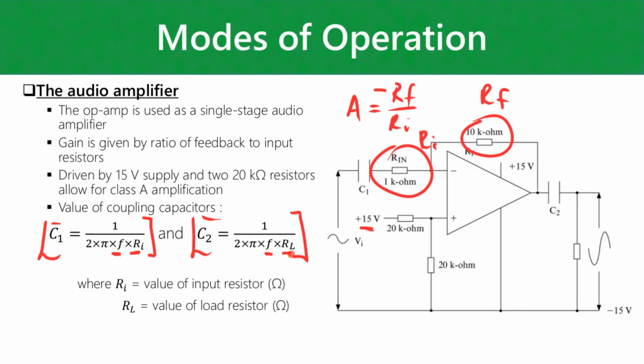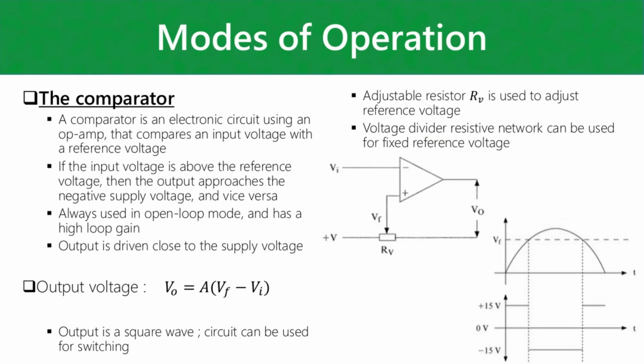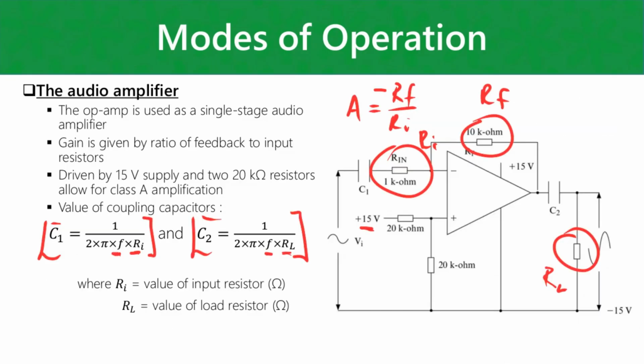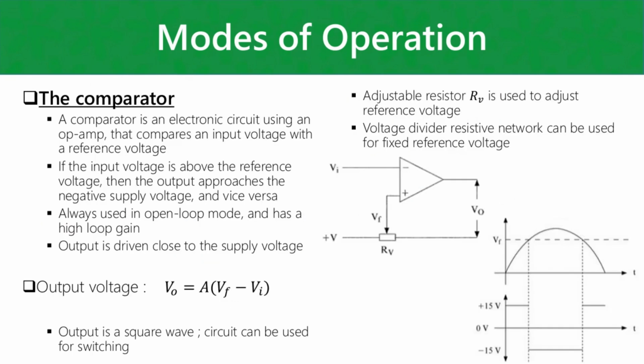Your load resistance is not indicated very clearly in the drawing, but that there is your load resistance. So it's just calculations added on top of the already existing inverting amplifier calculations.